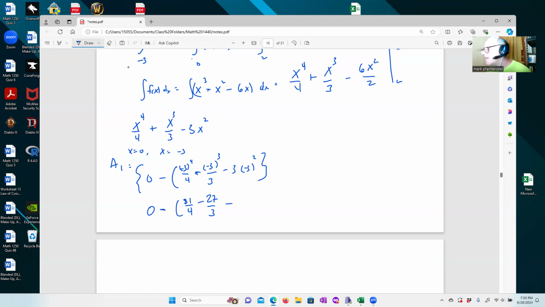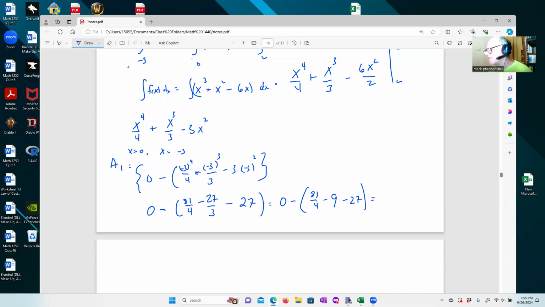So we have minus -3 times -3, which is going to be a positive, so we have 3 times 9, so we have a 27. So this is going to be 0 minus 81/4 minus 27 over 3, that's 9, and then minus 27. Notice all of these are minus.